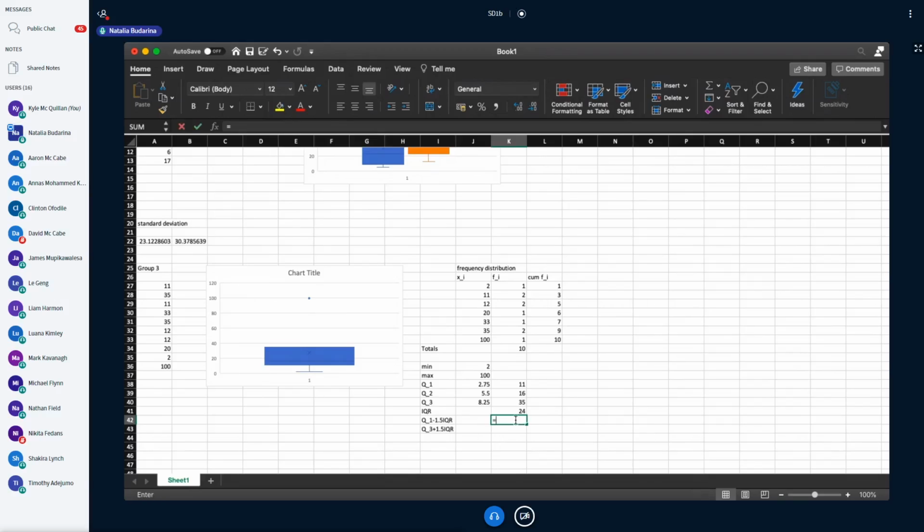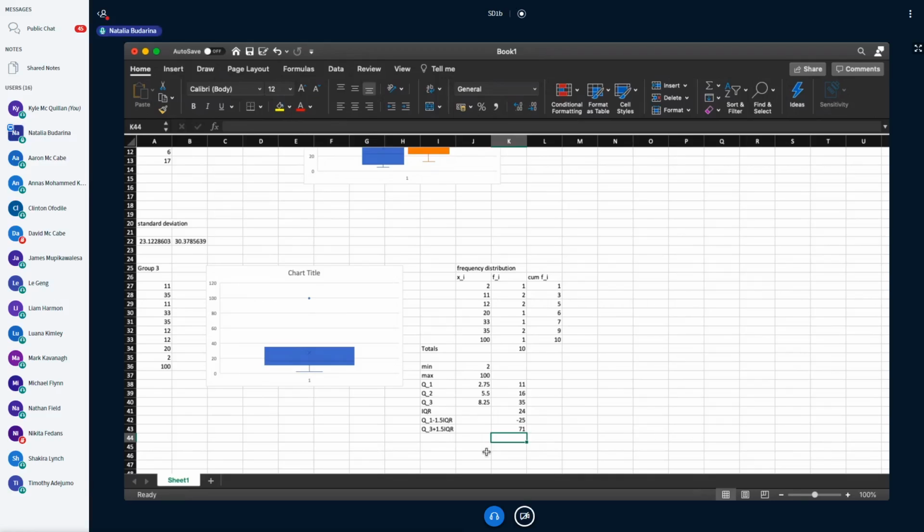Now I'm going to find these values. Q1 minus 1.5 multiplied by IQR 24, that is 11 minus 1.5 times 24. And Q3 is 35, plus 1.5 multiplied by IQR 24.